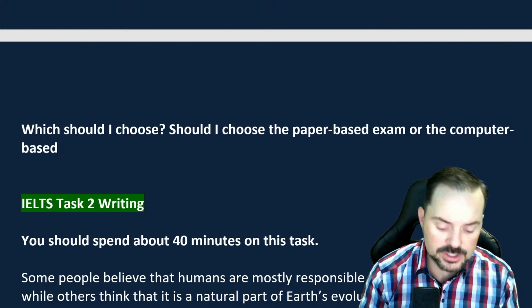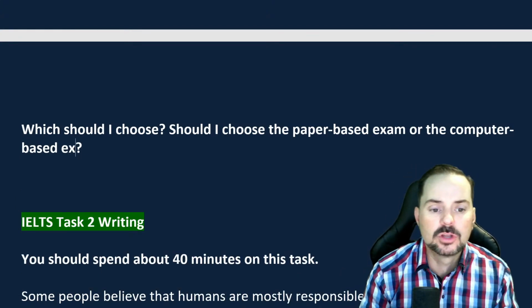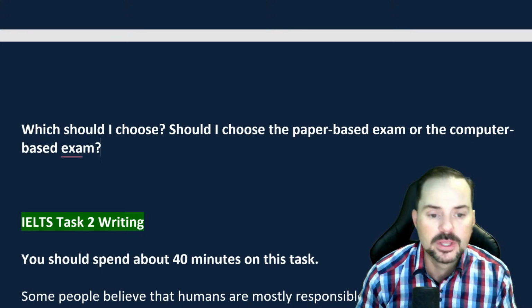Should I choose the paper-based exam or the computer-based exam? And there's a very simple answer that we have for that, okay? And it makes a lot of logical sense when you hear it.